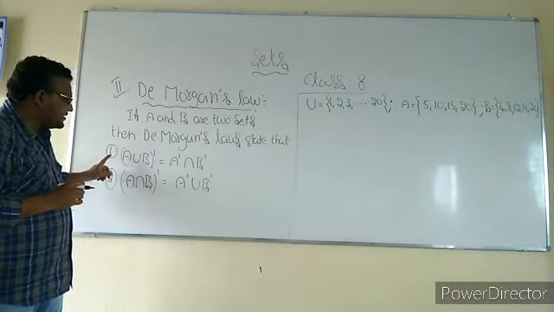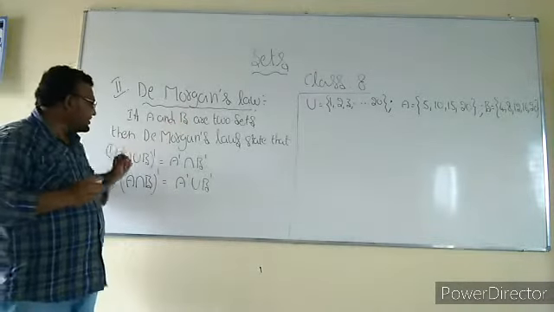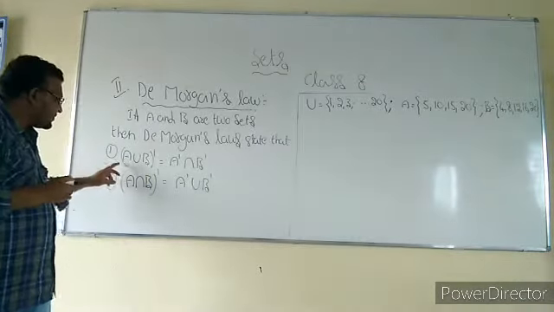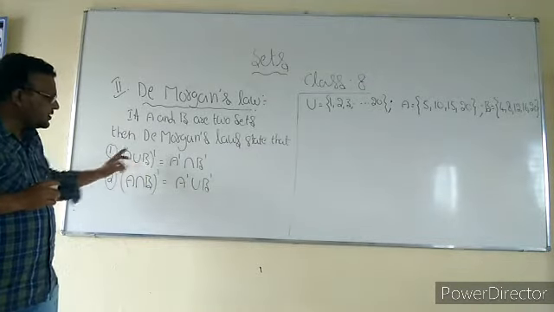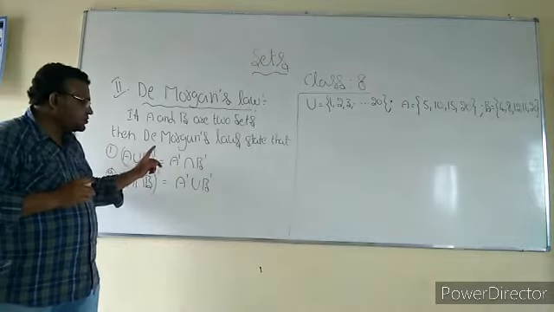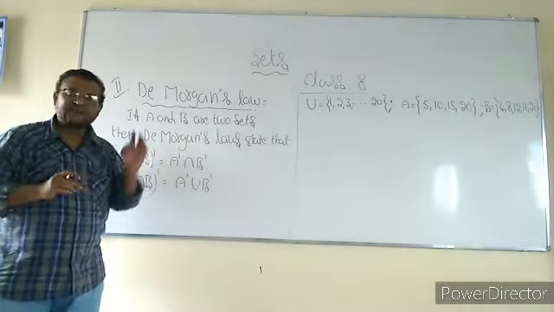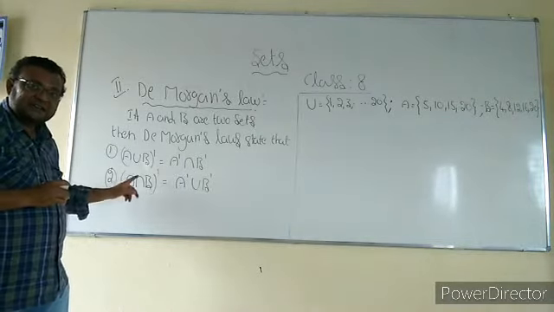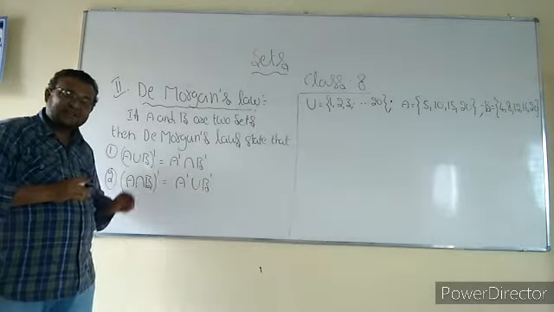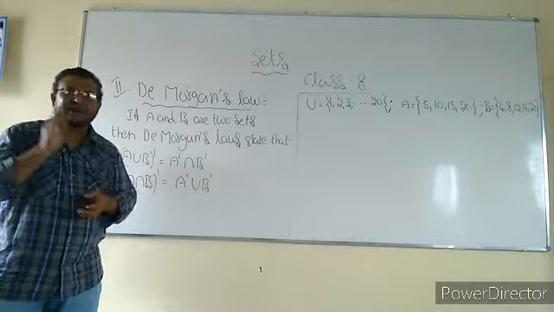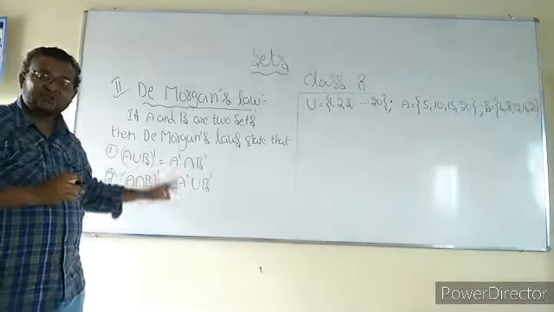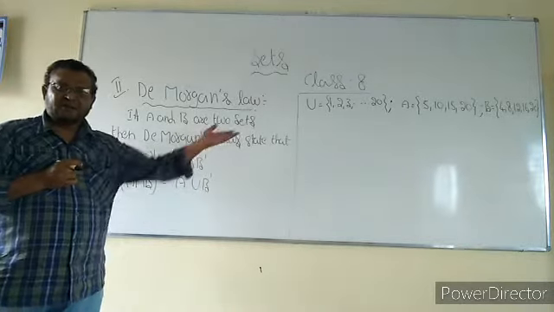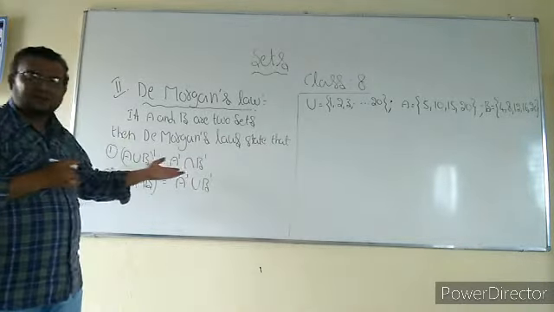The first one is, if A and B are two sets, then De Morgan's law states that (A union B)' is equal to A' intersection B'. The second one is (A intersection B)' is equal to A' union B'. So these two are called De Morgan's laws. We will verify whether these two are true or false.